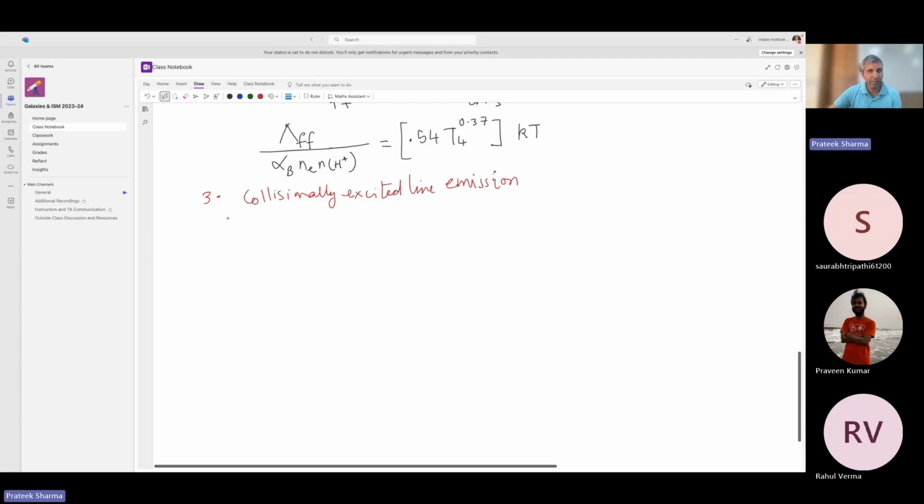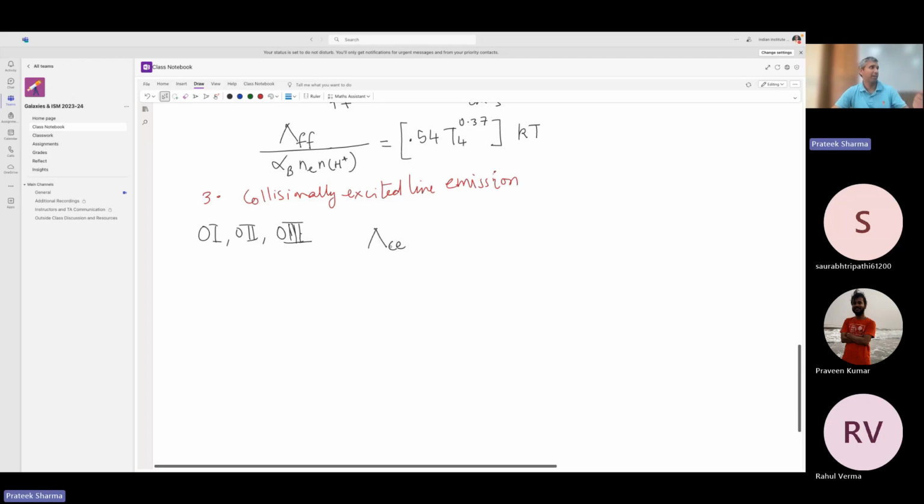So ion, for example, you can have oxygen 1, oxygen 2, oxygen 3 occurring in H2 regions. So this is lambda C, collisional excitation.